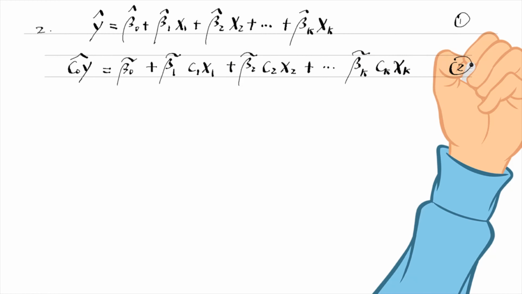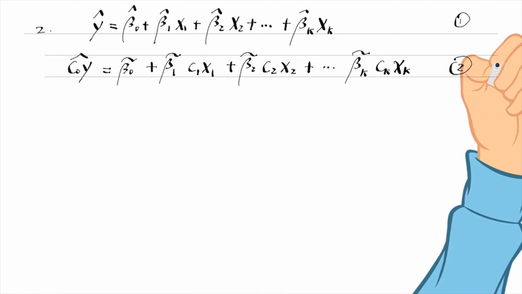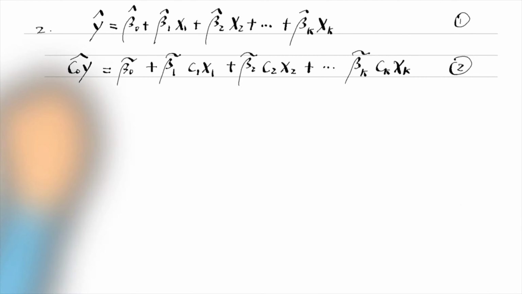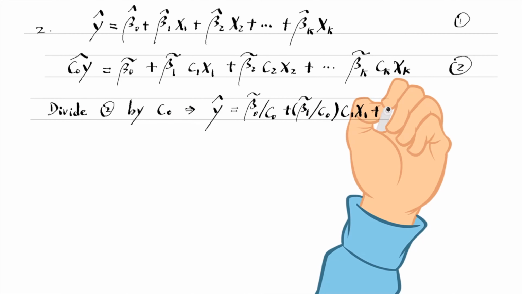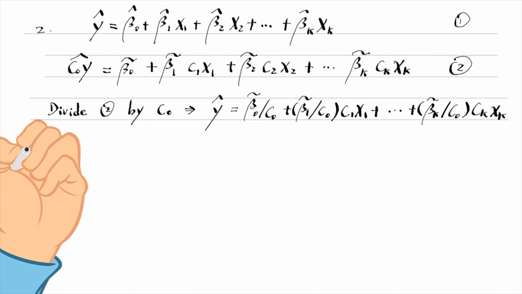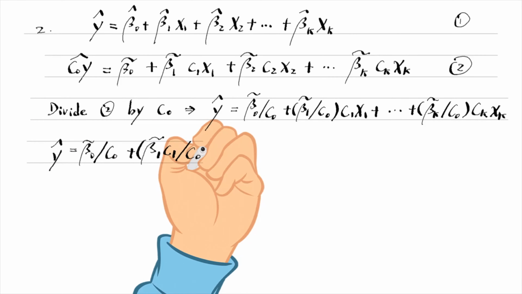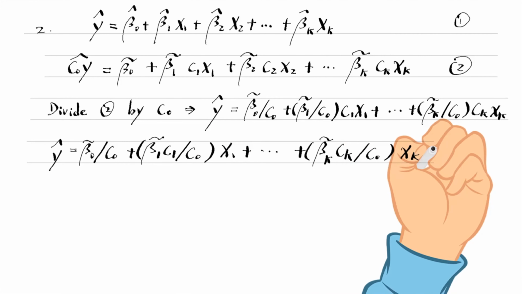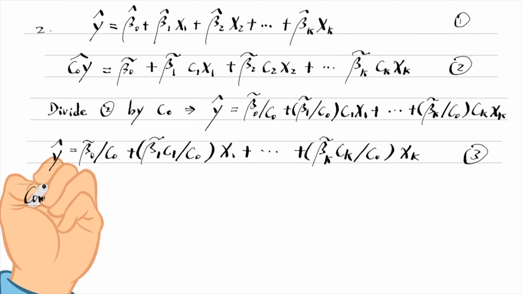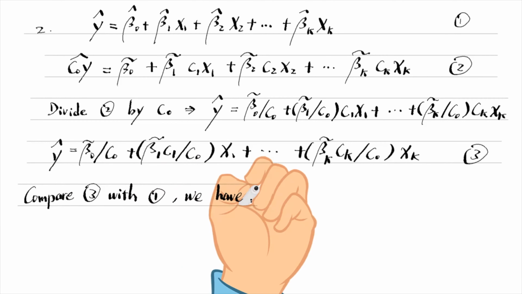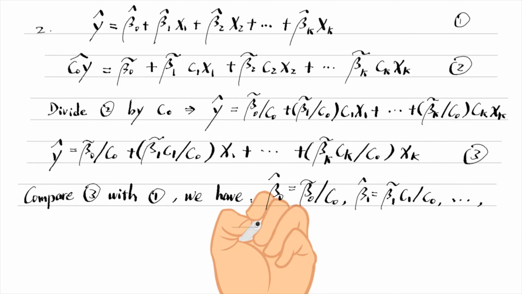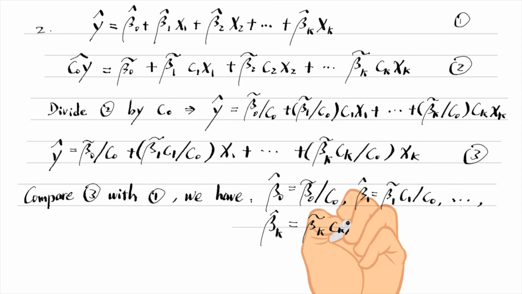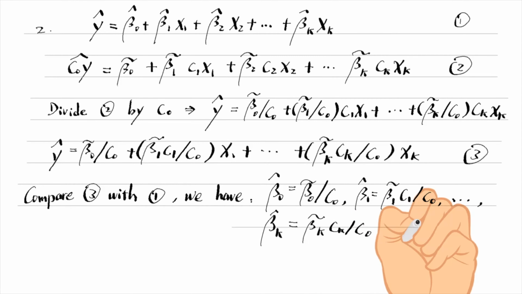We can also write down the estimated equation as equation number 2. Next, we divide equation 2 by c0 and obtain equation number 3. Comparing equation 3 and equation 1, we find the relationship between beta hats and beta tildes. That is what the question wants us to show.